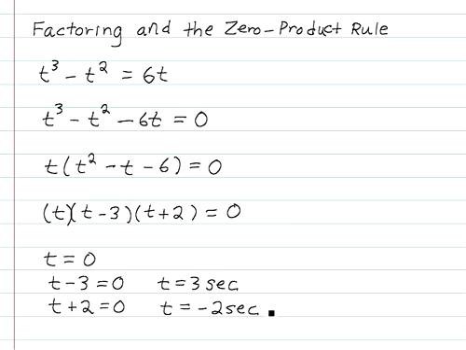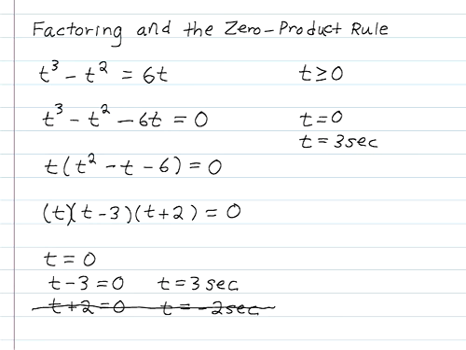So I'm going to go ahead and put a line through that one, because that solution's not realistic. So the final solution set for t greater than or equal to 0 for these power requirements is either right at the beginning, t equals 0, or 3 seconds later.